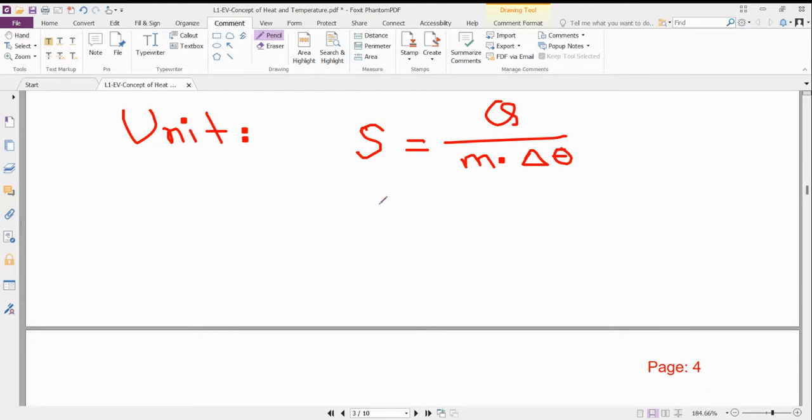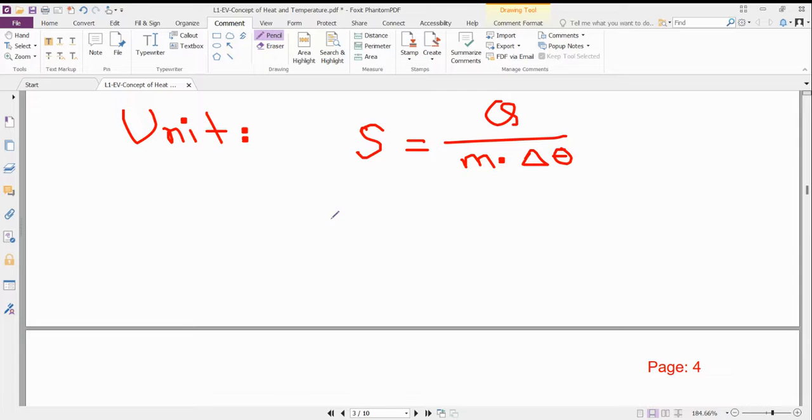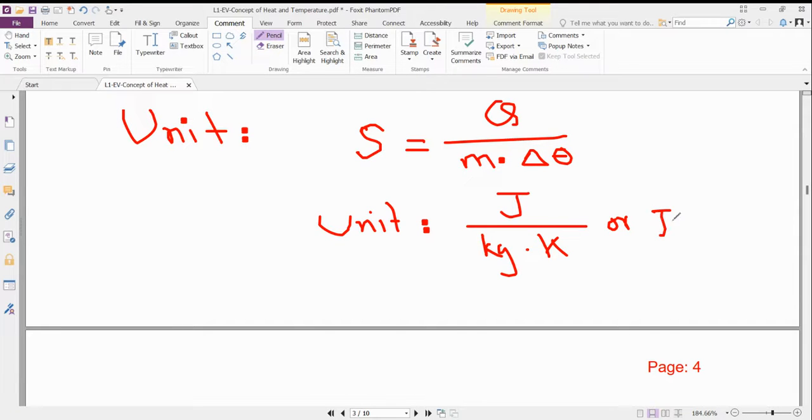So by writing the unit of these parameters, we will have the unit of specific heat. That means the unit equals Q, that means joule, the unit of heat, mass kg, and del theta is Kelvin, or joule per kg per Kelvin.